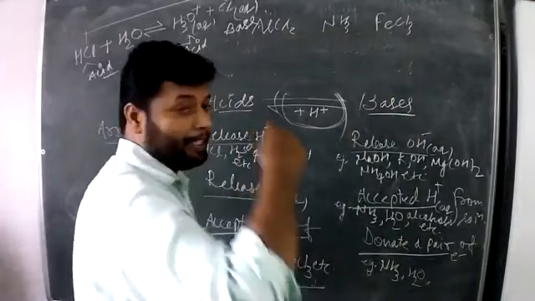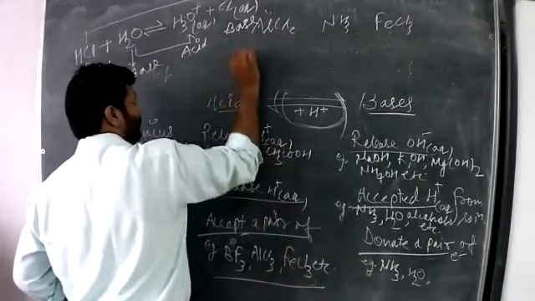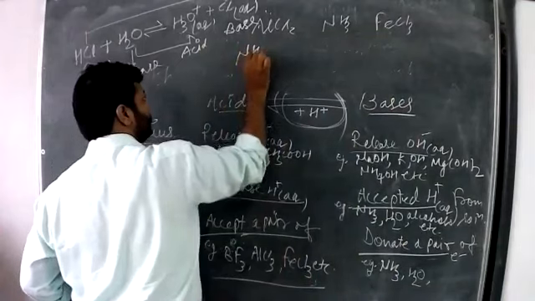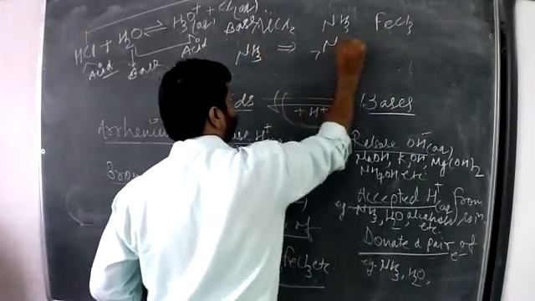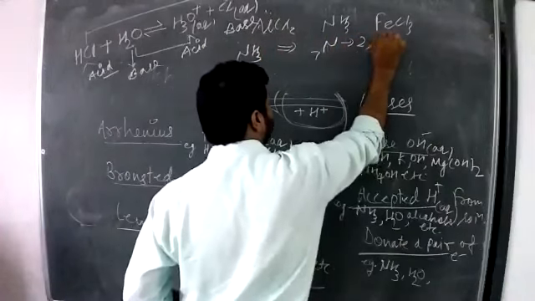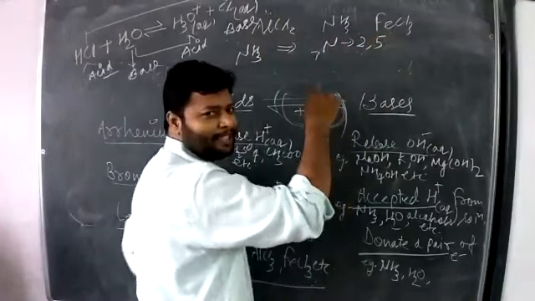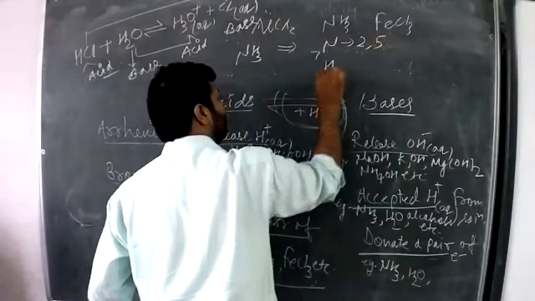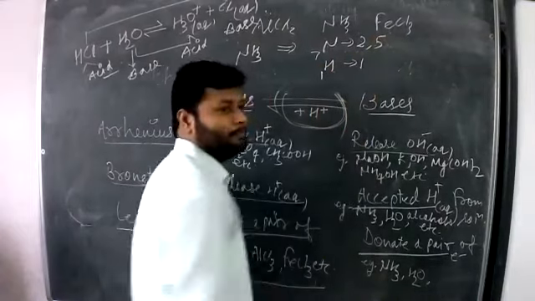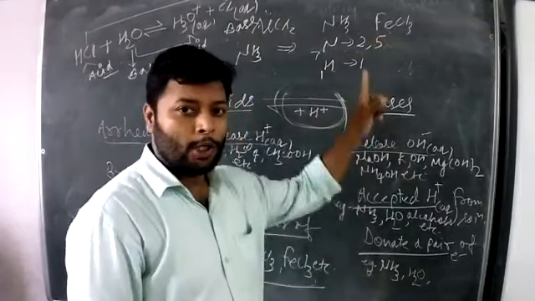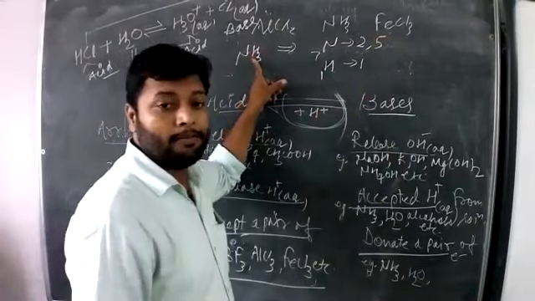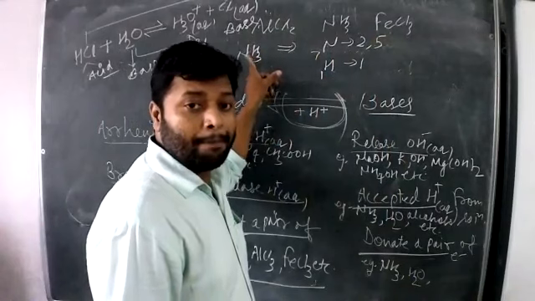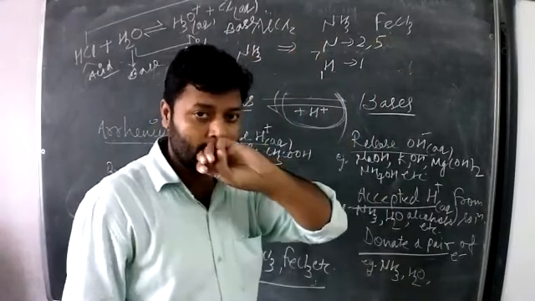Example of ammonia. See, ammonia. Nitrogen has atomic number 7, electronic configuration 2, 5, class 9 level. Hydrogen 1, class 9 level. Look at the possibility. Nitrogen forms a bond with 3 hydrogens.